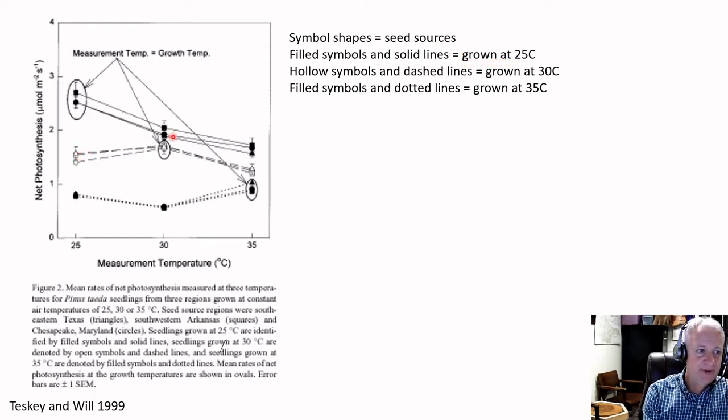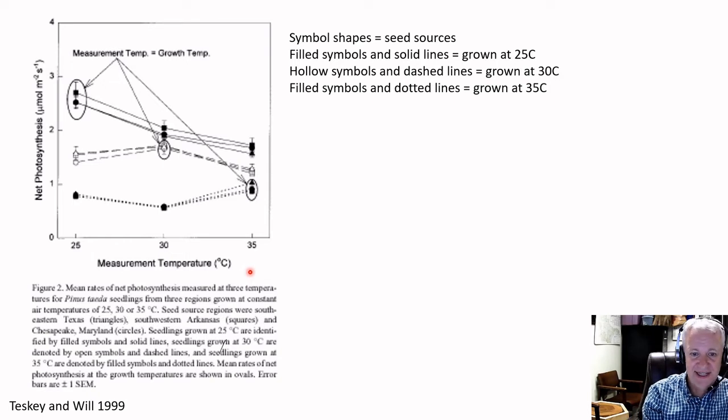The hollow symbols are plants that were grown at 30 degrees Celsius, and then these solid symbols with dashed dotted lines are plants that were grown at 35 degrees Celsius. And then each of those, grown in different growth environments, either 25, 30, or 35C, they then measured net photosynthesis at either 25, 30, or 35C.